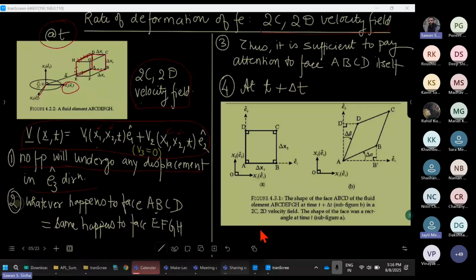One simplification we have achieved. It will reduce algebra. Further, whatever happens to face ABCD, the same thing will happen to face EFGH also. So face ABCD is this.